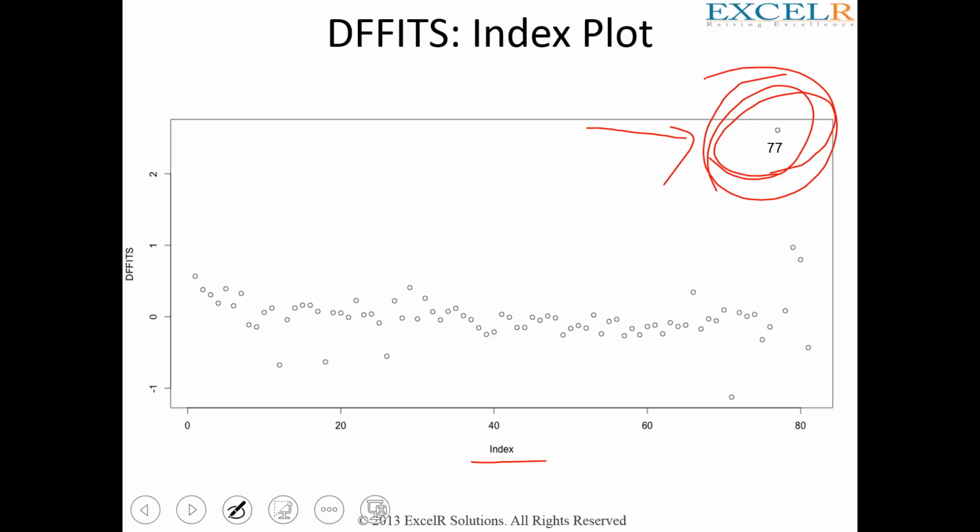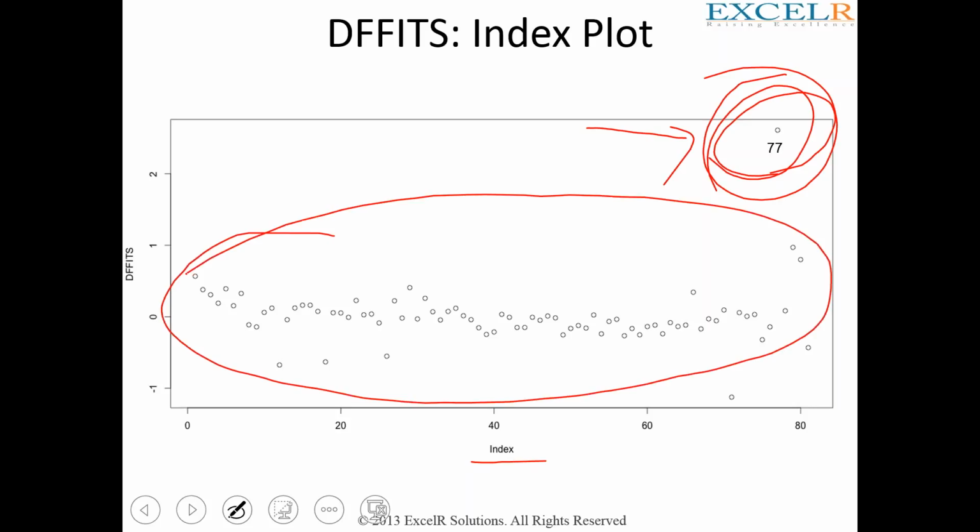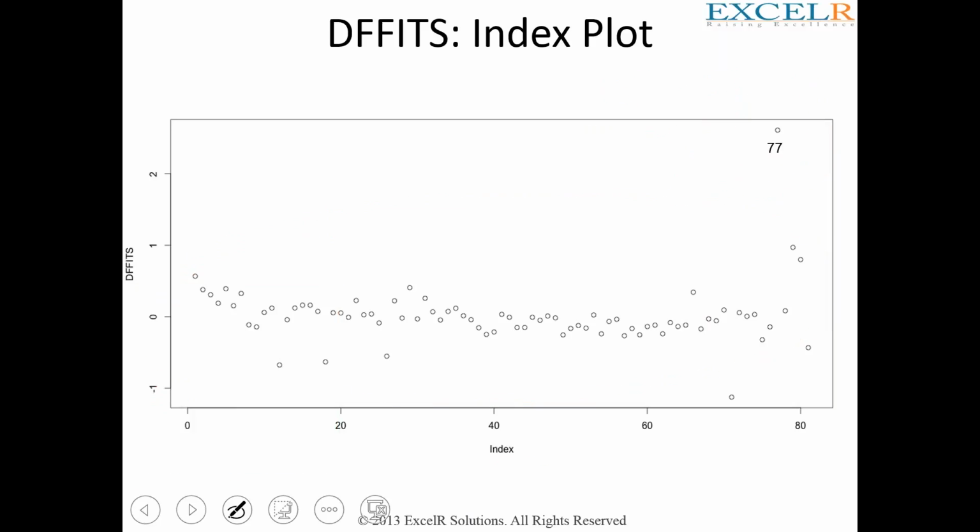No. We want all these values to equally contribute to your prediction equation. Hence, probably we need to delete that. But a lot of analysis has to go on behind the scenes even before you delete even a single value from the data set.